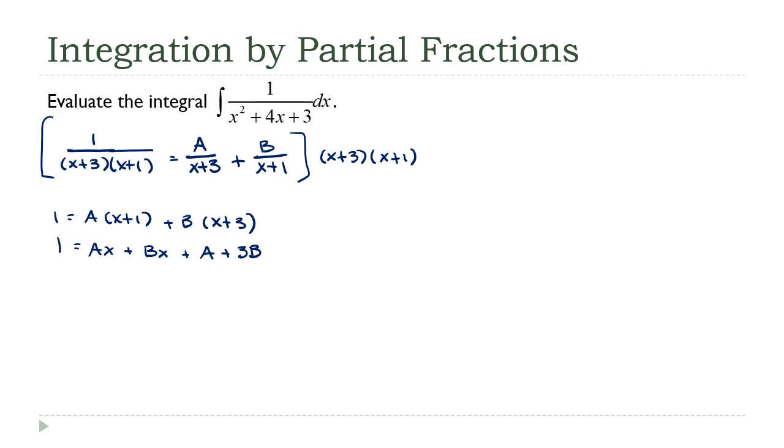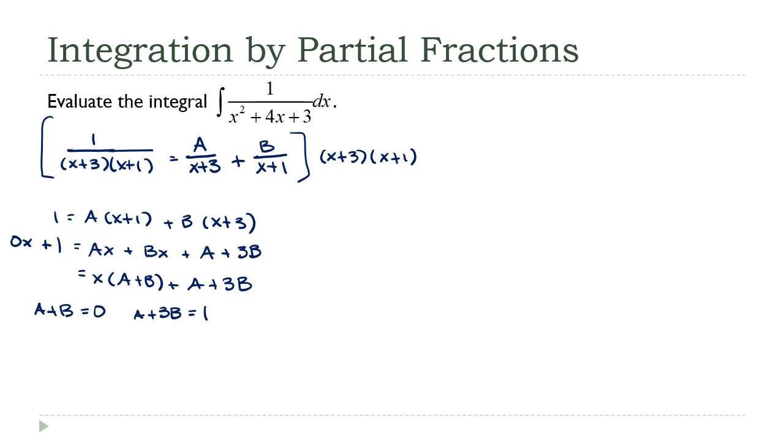If you think of that left side as being 0x plus 1, then we can factor this: x times (A plus B) plus (A plus 3B). So then A plus B has to equal 0, and A plus 3B has to equal 1.